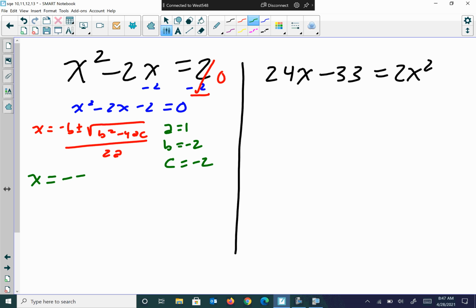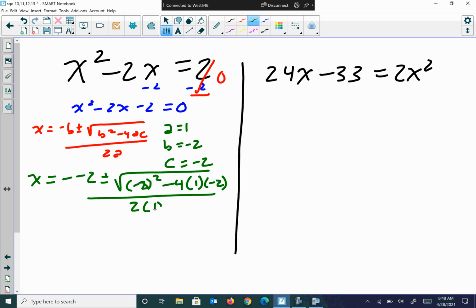Positive 2. X equals negative negative 2, which is positive 2, plus or minus negative 2 squared. Again, I'm putting that in parentheses just so our device doesn't make an error. 4 times A times C, all over 2 times A. I don't have to put those ones. All right, negative negative 2, positive 2, plus or minus negative 2 quantity squared, positive 4.